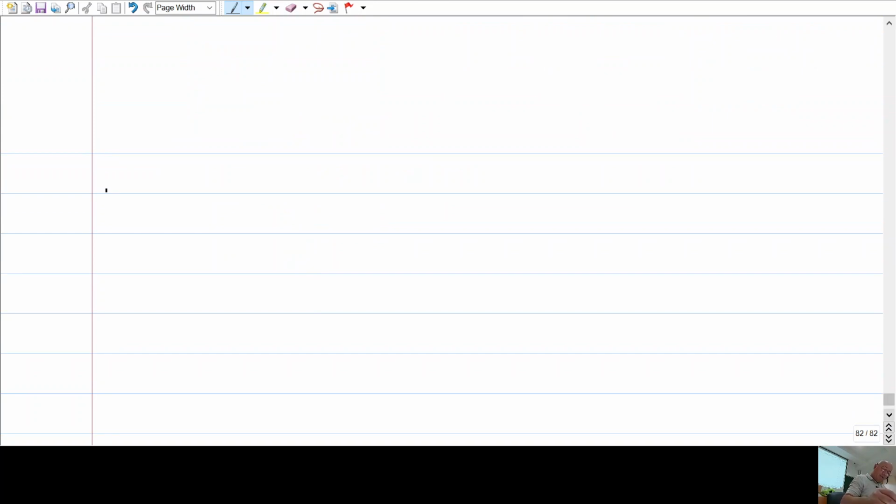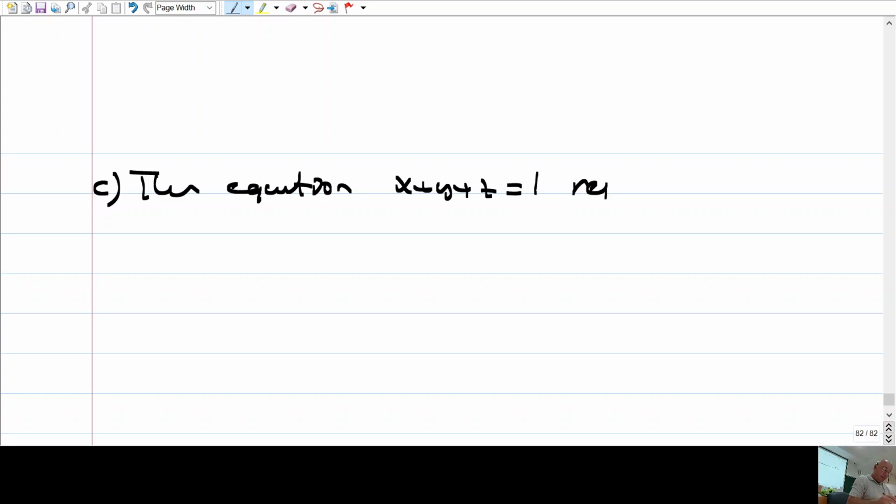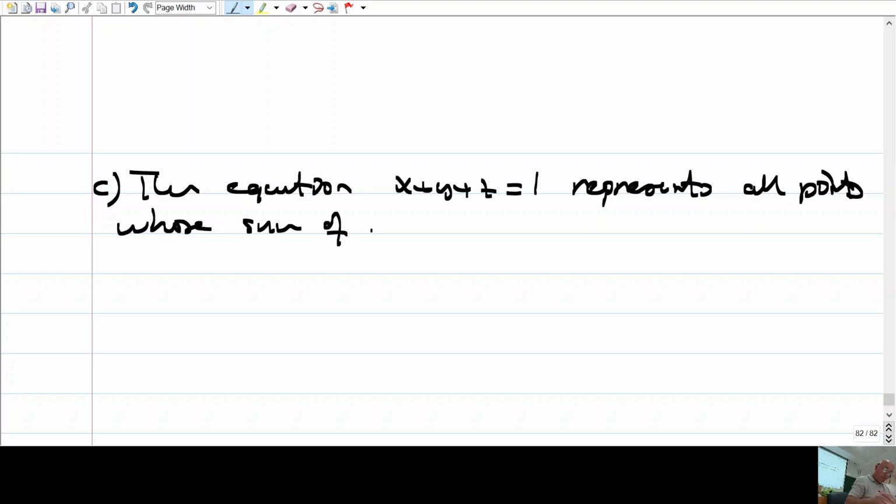Another one, for example, the equation x plus y plus z equals 1 represents all points whose sum of coordinates is 1, right?